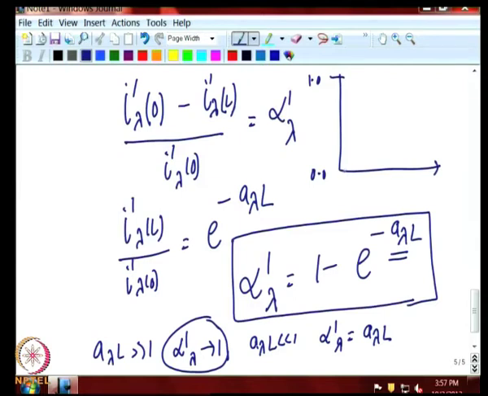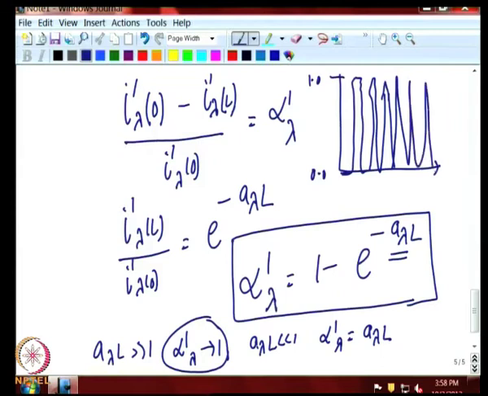So, there are many gases that we encounter. It will go from almost transparent, alpha prime lambda 0, to 1 over a very short distance. So, this is the complexity that we face, that this quantity will fluctuate between 1 and 0 over a very short distance along the wavelength direction.